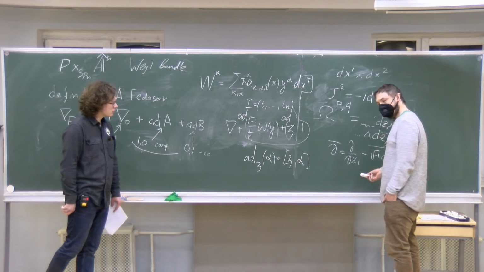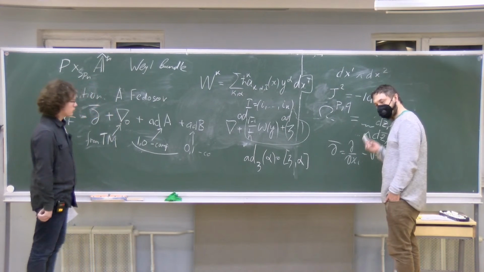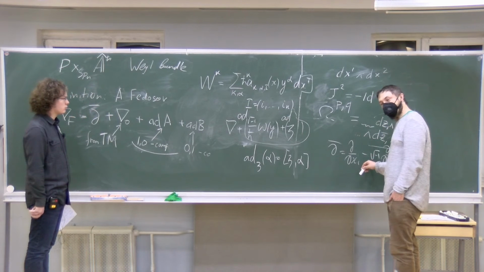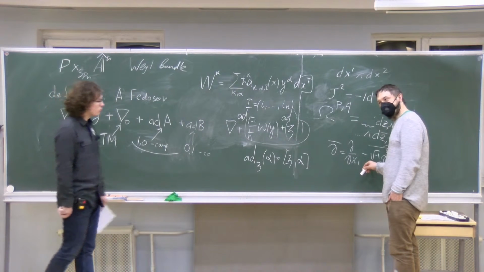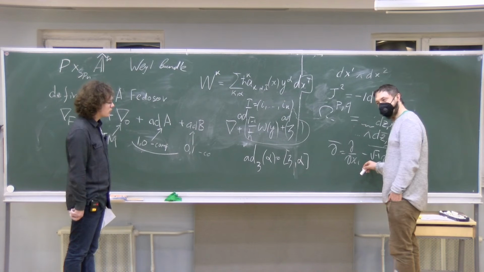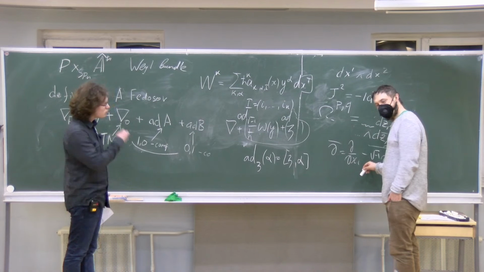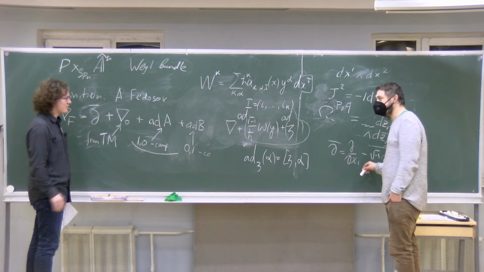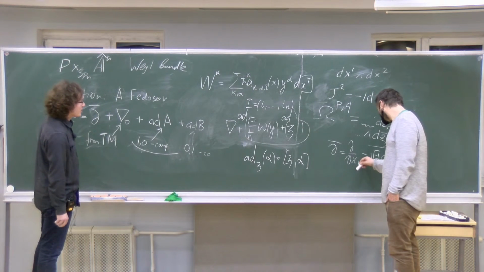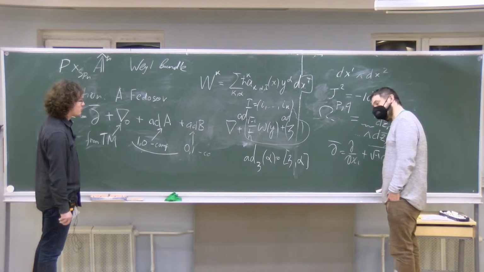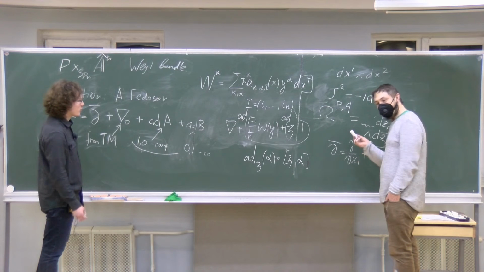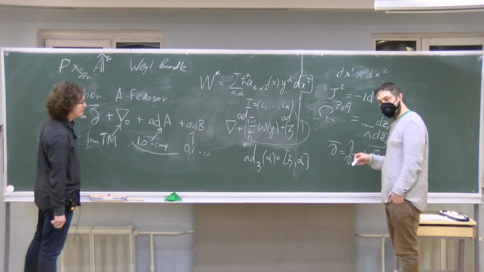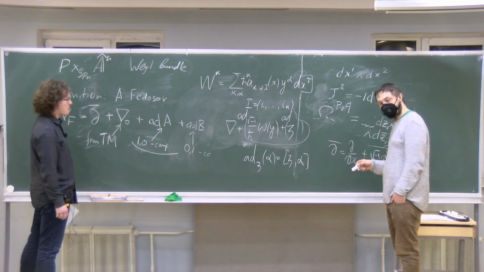I don't remember if it's minus or plus. Do you remember this? I don't remember the sign either. Signs are always my problem. I think it's rather plus than minus. No, its square must be zero.